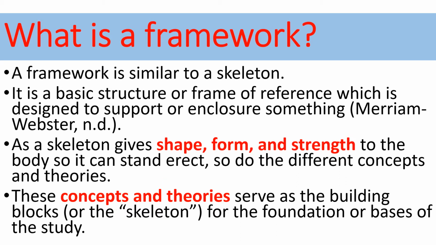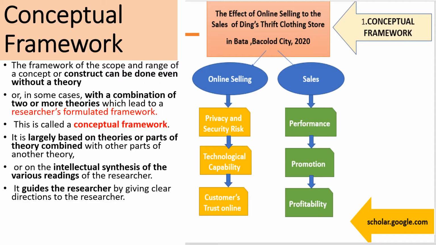So in doing a research, you need first to make your framework, and we call that conceptual framework. So that's why I have discussed on my previous video on how to make your research by starting to make a conceptual framework.